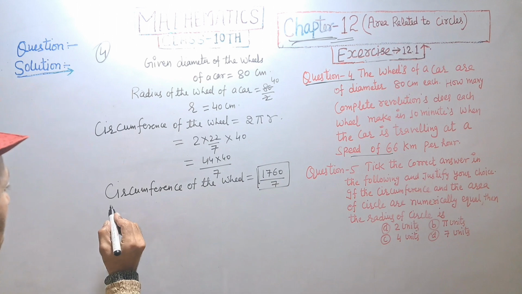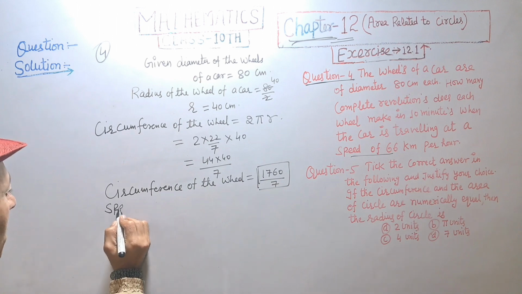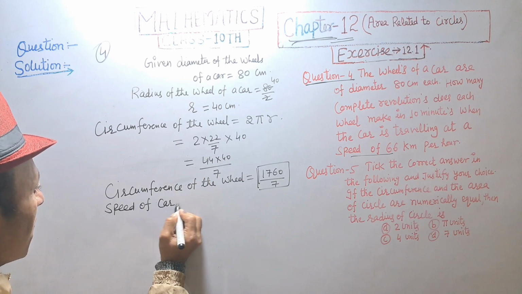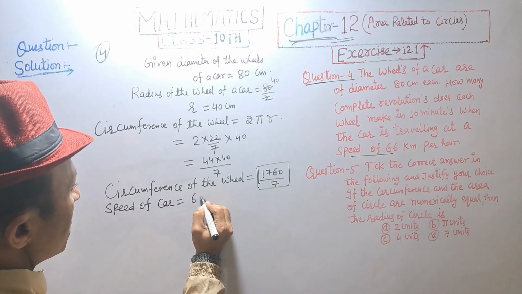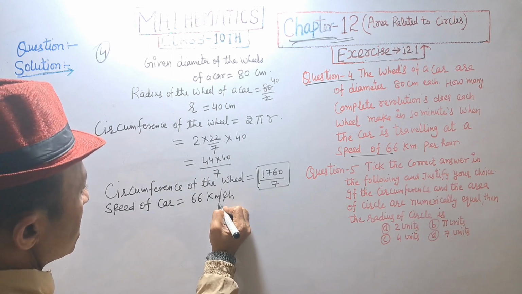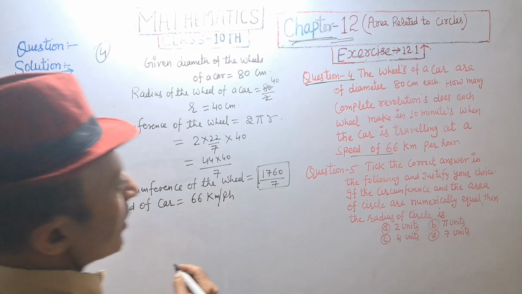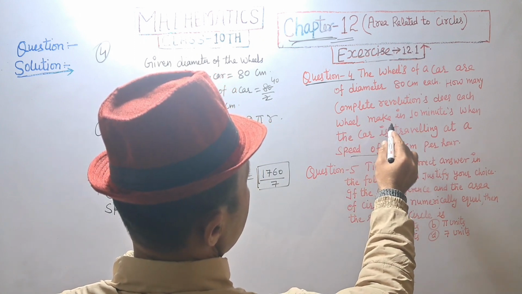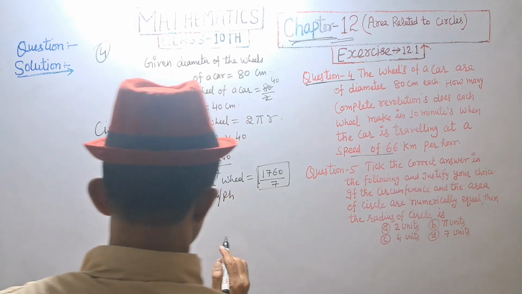And speed of car is equal to 66 kilometer per hour. Wheel makes in 10 minutes.